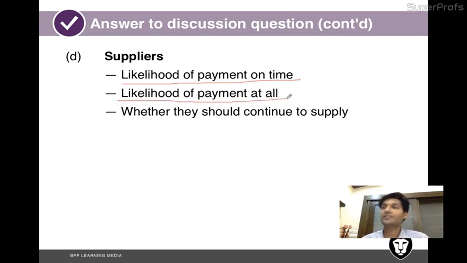Remember, when the company is not able to make profit, the company may not make the payment to the suppliers. And the third point is, if you think that there is a high likelihood the company will not be able to make the payment, then you should decide whether you should continue to supply or whether you should stop supplying to the company.